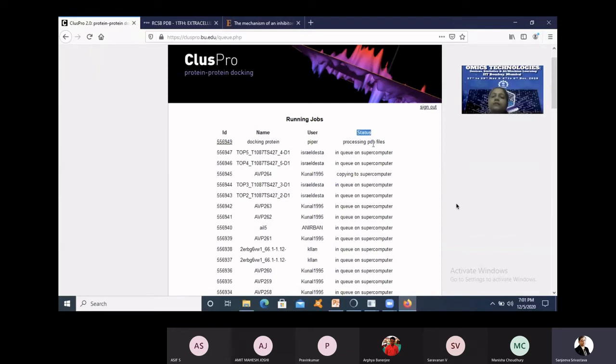Now it is saying that it is processing the PDB files, because before running on the supercomputer, the structure will be cleaned up and everything arranged in the format that is required. This is just like how we prepare the protein and the ligands before molecular docking studies, wherein we remove the water molecules, clean up the protein structure, and add charges to the ligand.